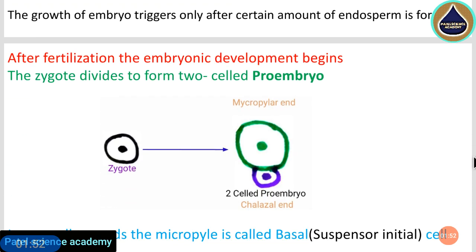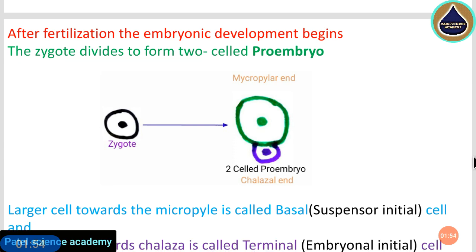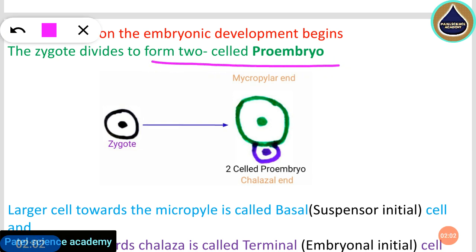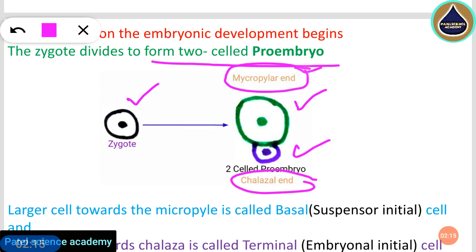So dear learner, after fertilization, the embryonic development begins, and the zygote undergoes change to the two-cell pro-embryo. This is a zygote, and it undergoes cell division to form this two-cell structure. One you can observe here at the micropylar end, and one at the chalazal end.